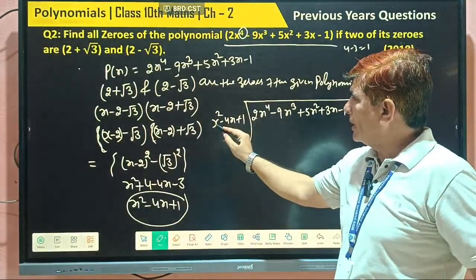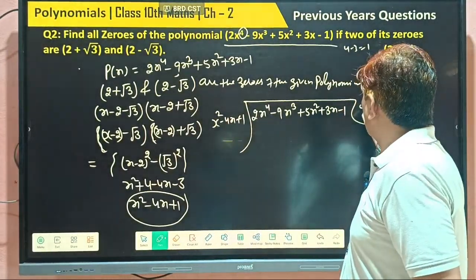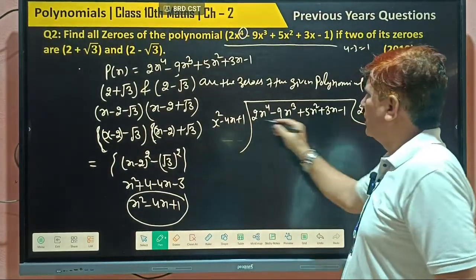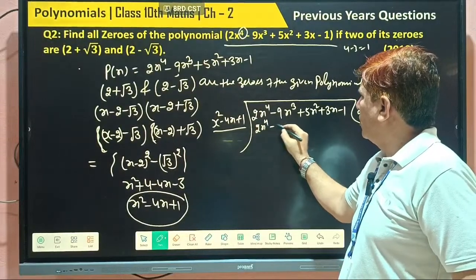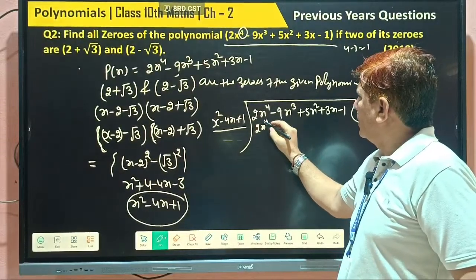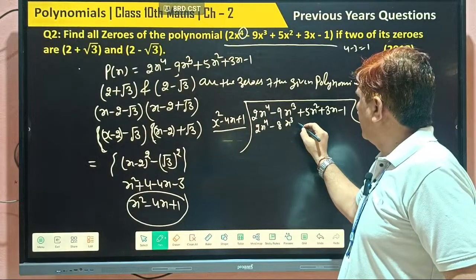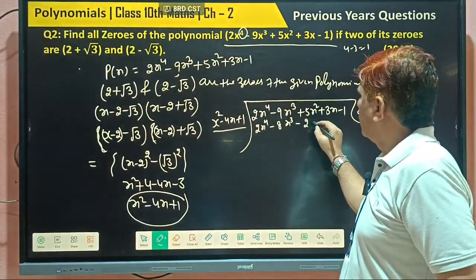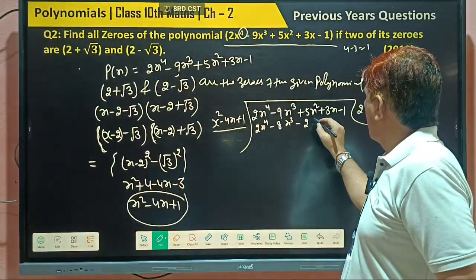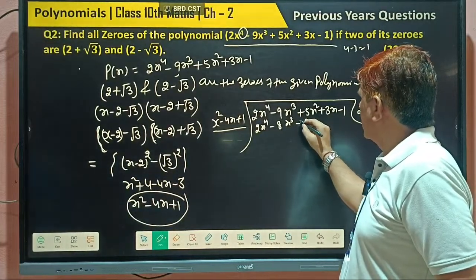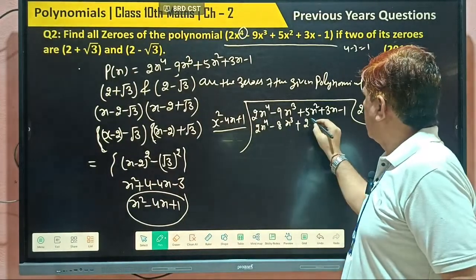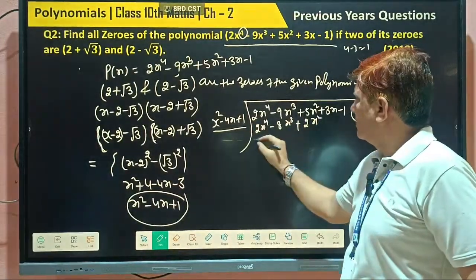So I can multiply this with what? So we multiply 2x square. This completely. So 2x power 4 minus 8x power 3 plus 2x square.